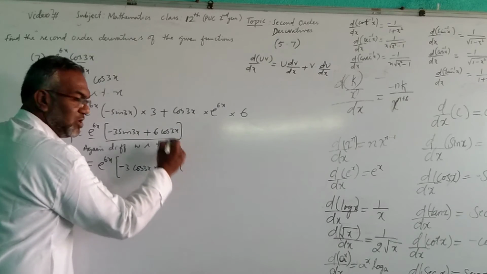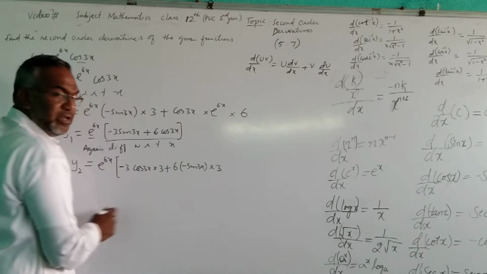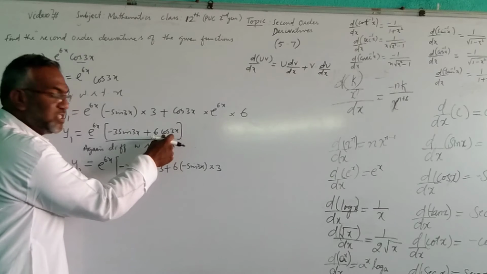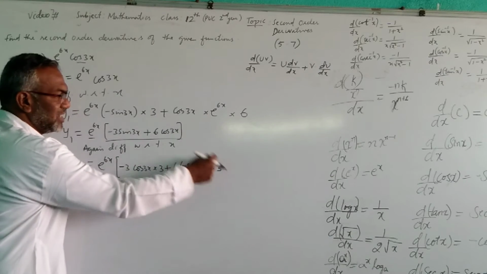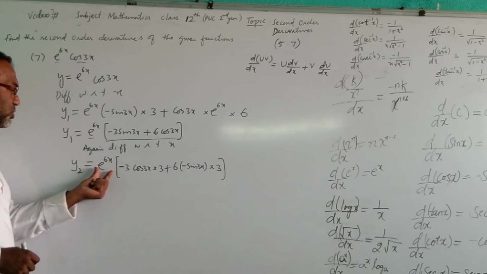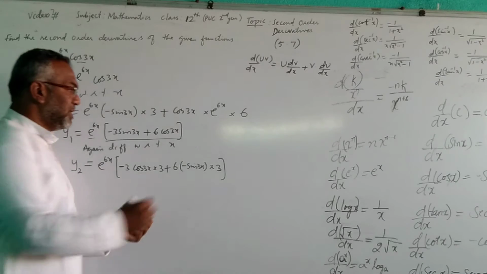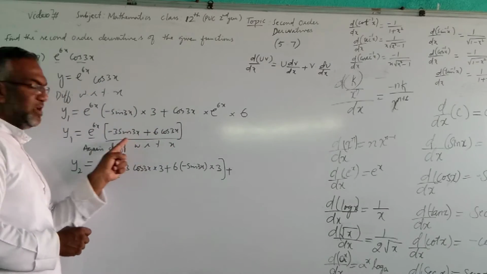Differentiation of cos 3x is minus sin 3x into 3 again. Because differentiation of cos x is minus sin, and 3x gives 3.